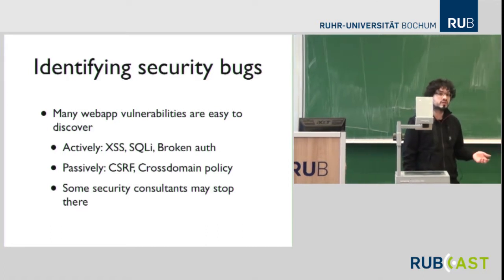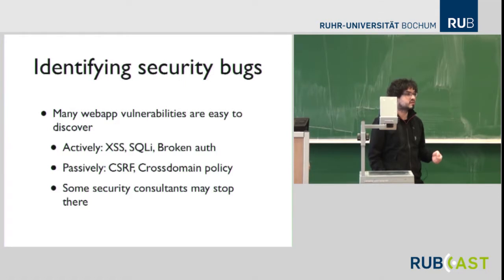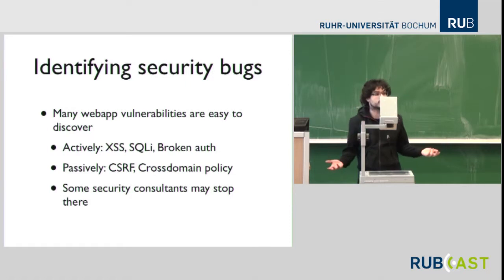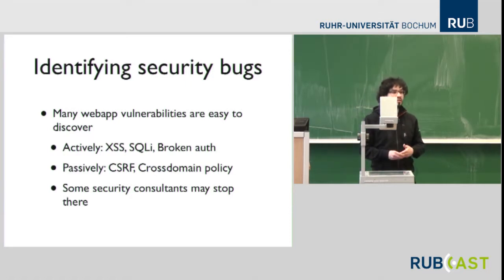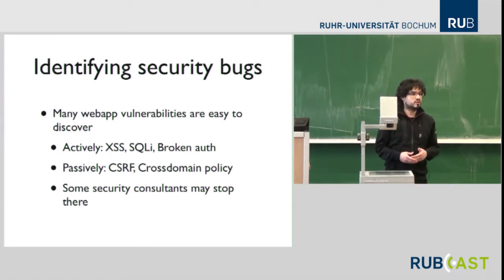Certain vulnerabilities you find passively by just watching the HTTP traffic that the web browser is sending. So with cross-site request forgery, for example, most of the time you just look at the HTTP traffic and you notice that there is no CSRF token, so it's vulnerable.